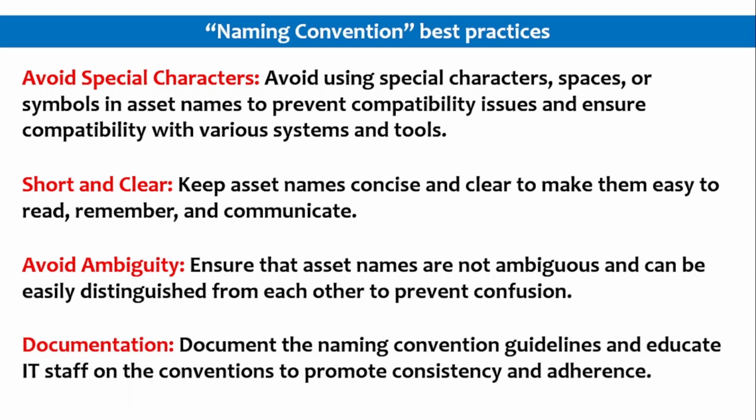And last but not the least, documentation. We have to document our naming convention guidelines, and we have to educate our IT staff on the convention to provide consistency and adherence. So documentation is very, very important, and educating our IT staff on using the naming convention.